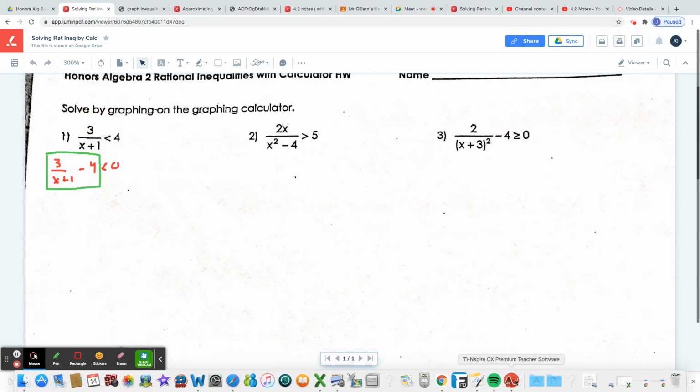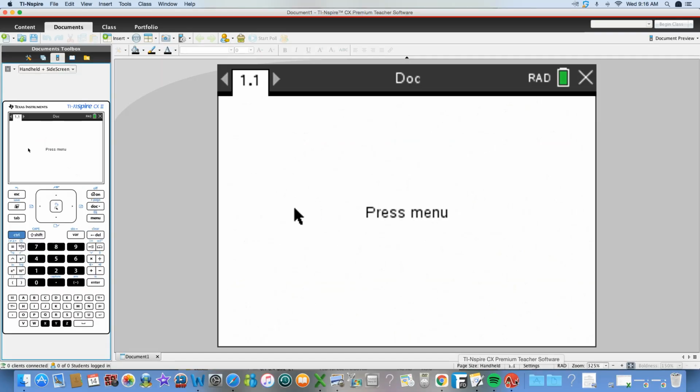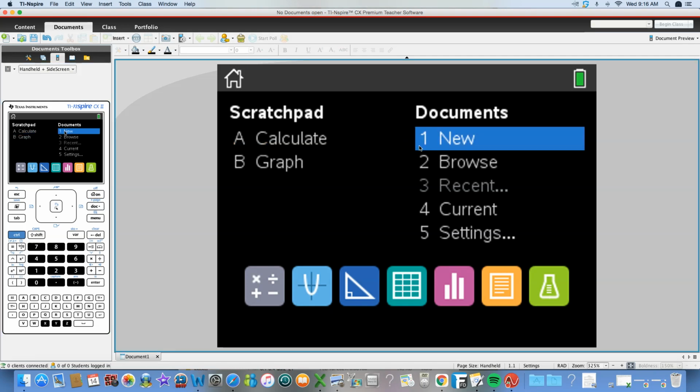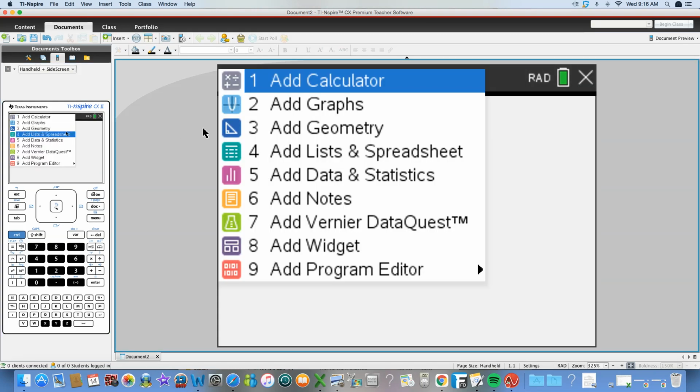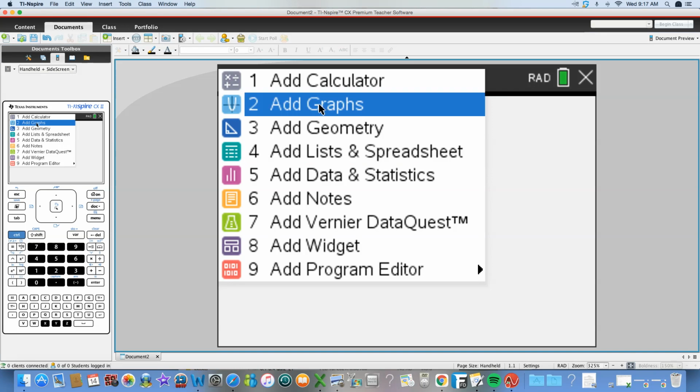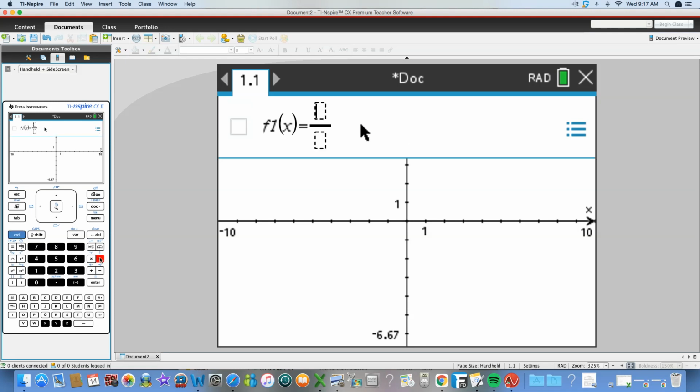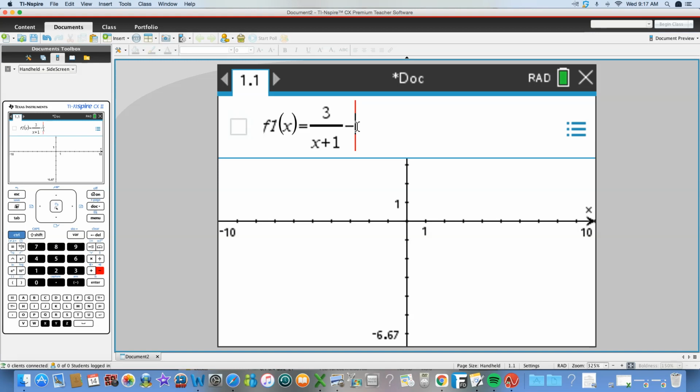Let me bring up my calculator here. I'm going to open up a new page and add a graph. This is where we're going to put our function in, which in this case is 3 over x plus 1, and then I believe it was minus 4.